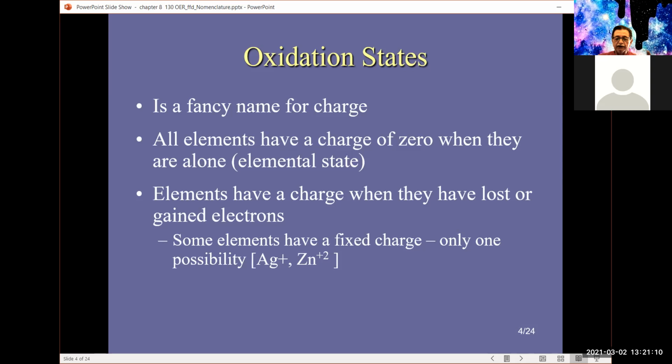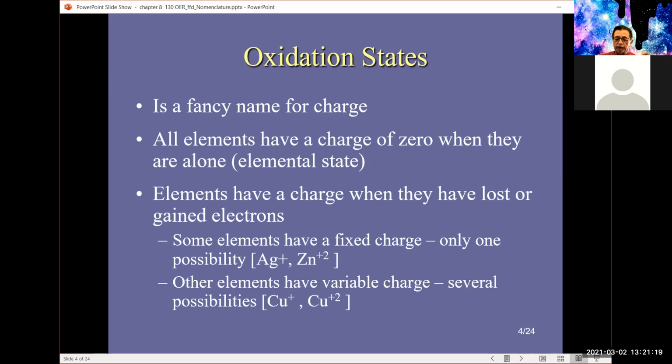Those 16 elements have a fixed charge. You know their charge 100% of the time. Here, silver and zinc are listed, and we also have aluminum, which is +3, and cadmium with a +2, plus group 1 and group 2. Those are fixed charge elements.